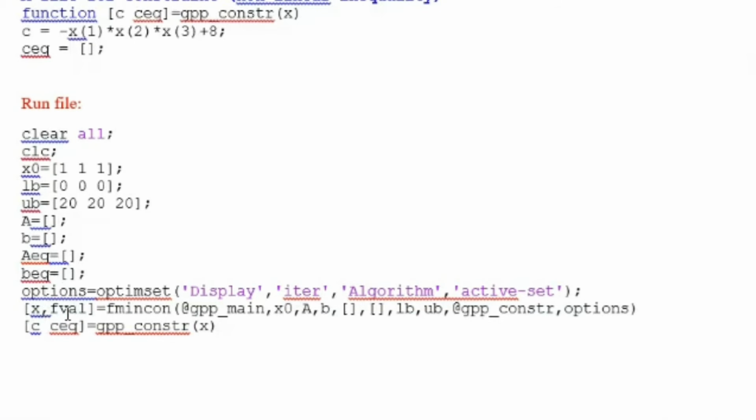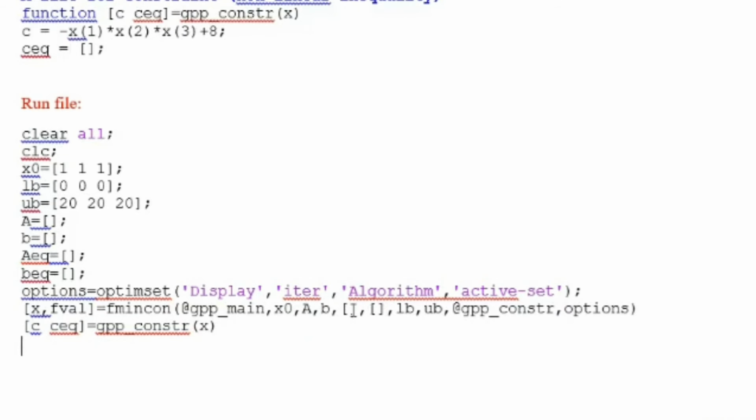So then here in output arguments, I want only x values and f value, the design vector, that is the values of the decision variables and the value of the objective function. Then solver, so this is recalling the m file for the objective function, @gpp_main, right? Then initial guess, then A, B. Since A is declared, B is declared, AEQ is declared, BEQ is declared, we can simply put empty square brackets, nothing wrong.